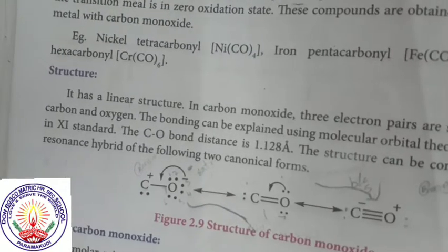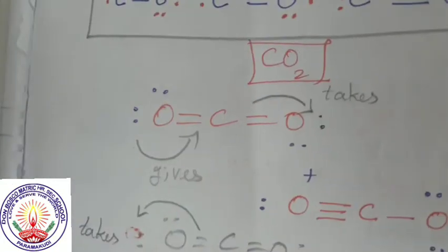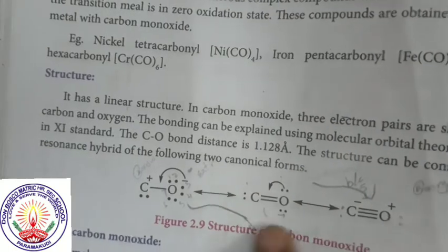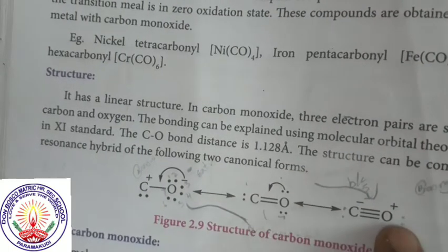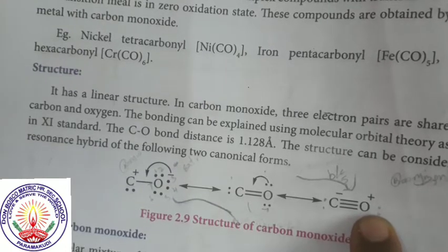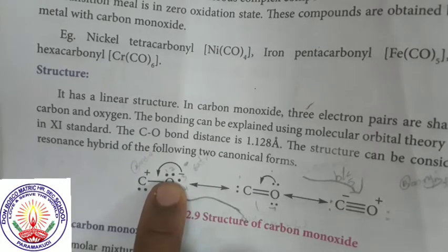Okay. Now we shall see the structure of carbon dioxide. See, in carbon monoxide, at one side the oxygen bears a plus sign, at the other side the oxygen bears a negative sign.